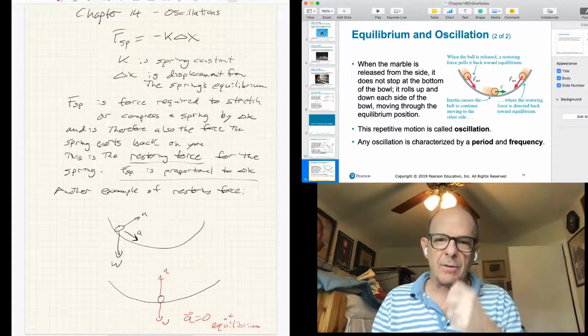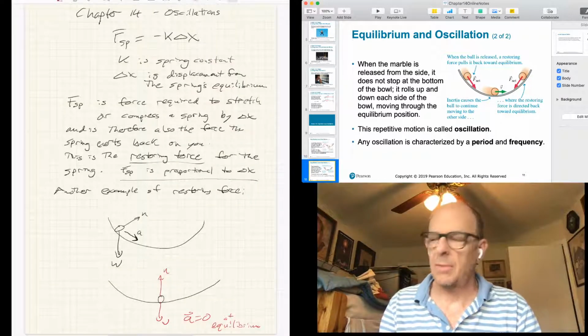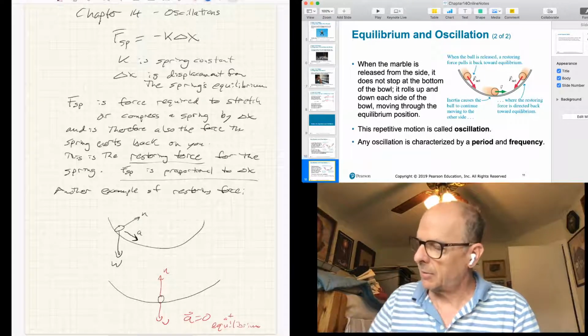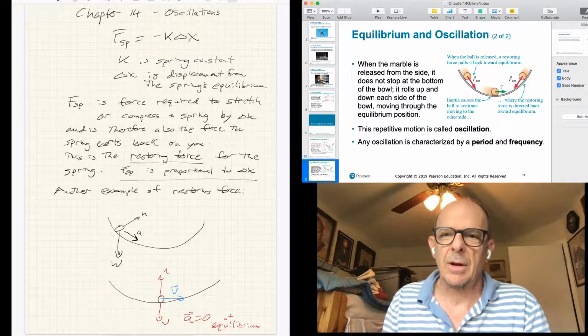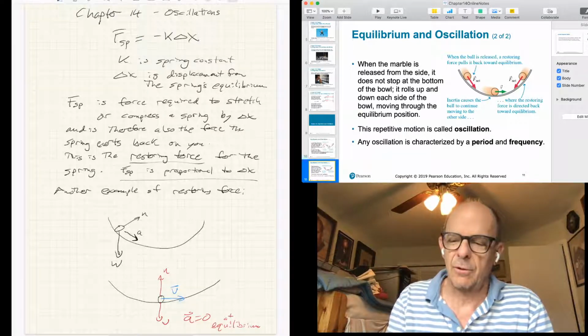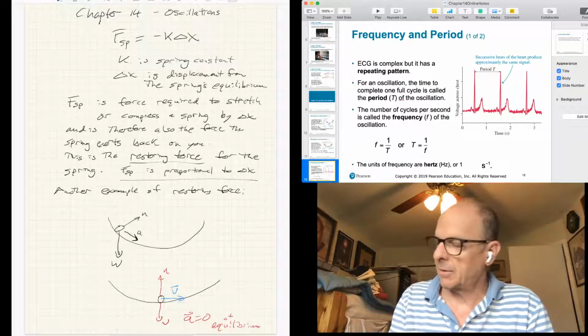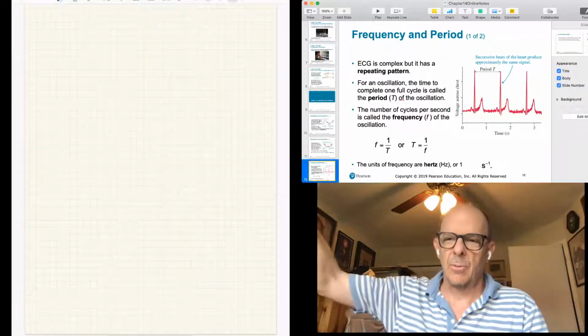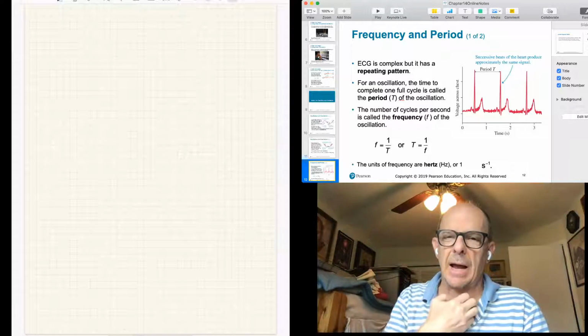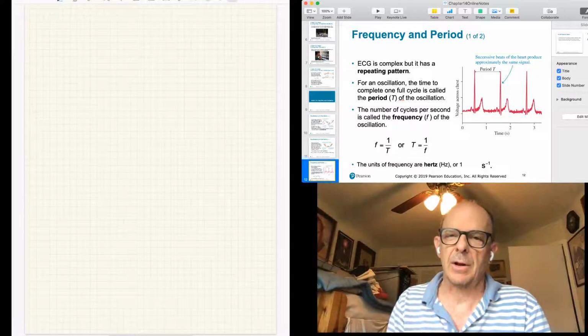At the equilibrium position, the acceleration is 0, but the velocity is not 0. It's cruising along this way with some significant velocity, so that means it's going to overshoot that equilibrium position, and it'll roll up the other side of the bowl, at which point there will be a restoring force bringing it back down, and this is why you end up with oscillation.